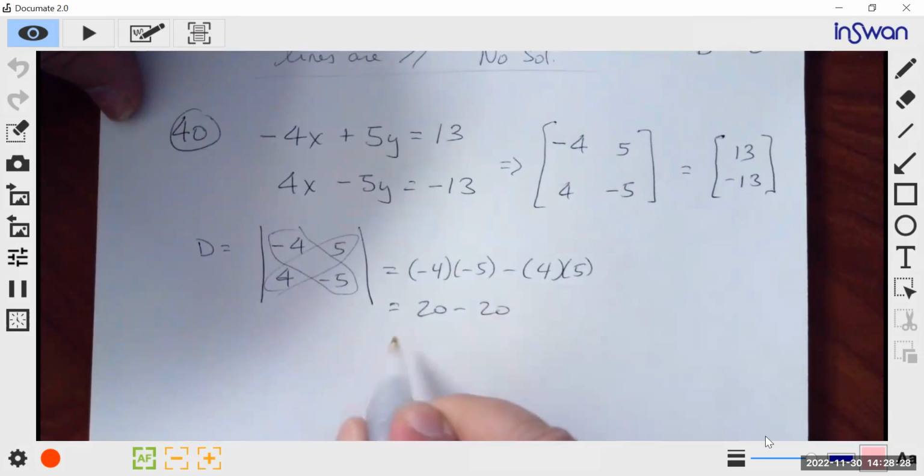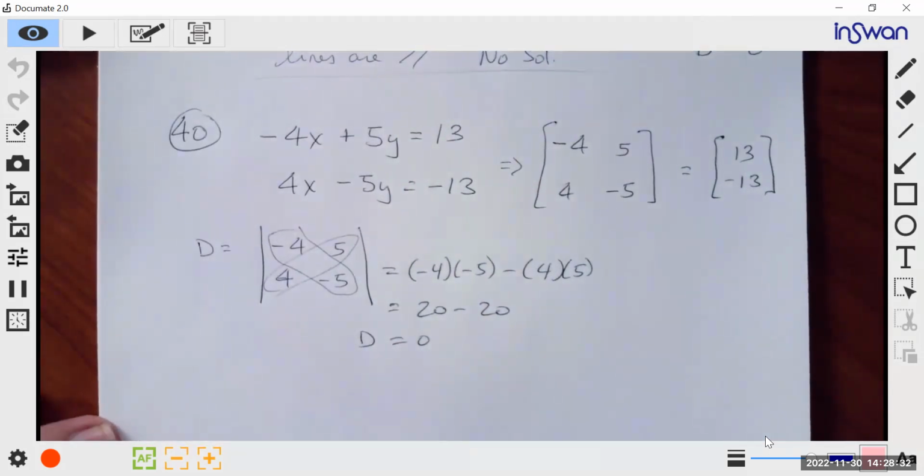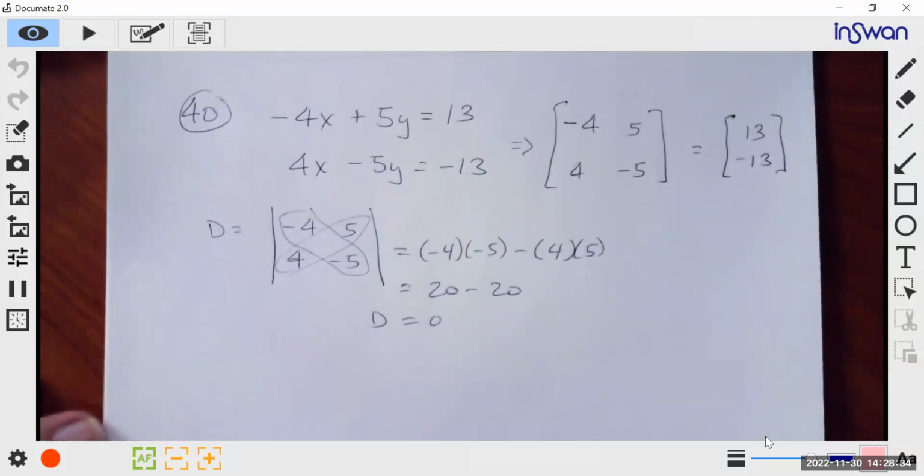Positive 20 minus positive 20. Uh-oh, we have another 0. I should have gone a little bit further on the other one.